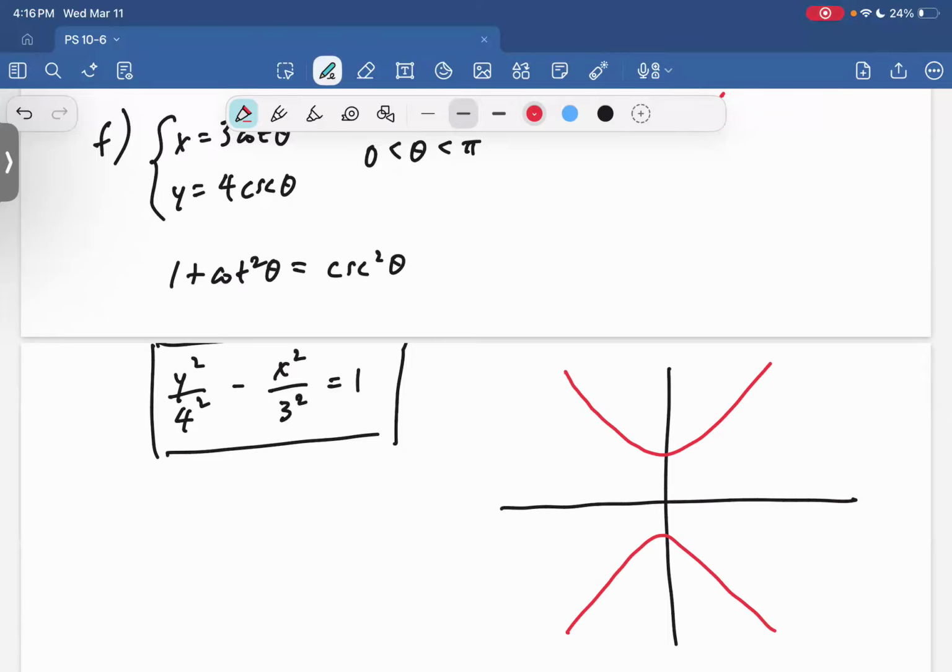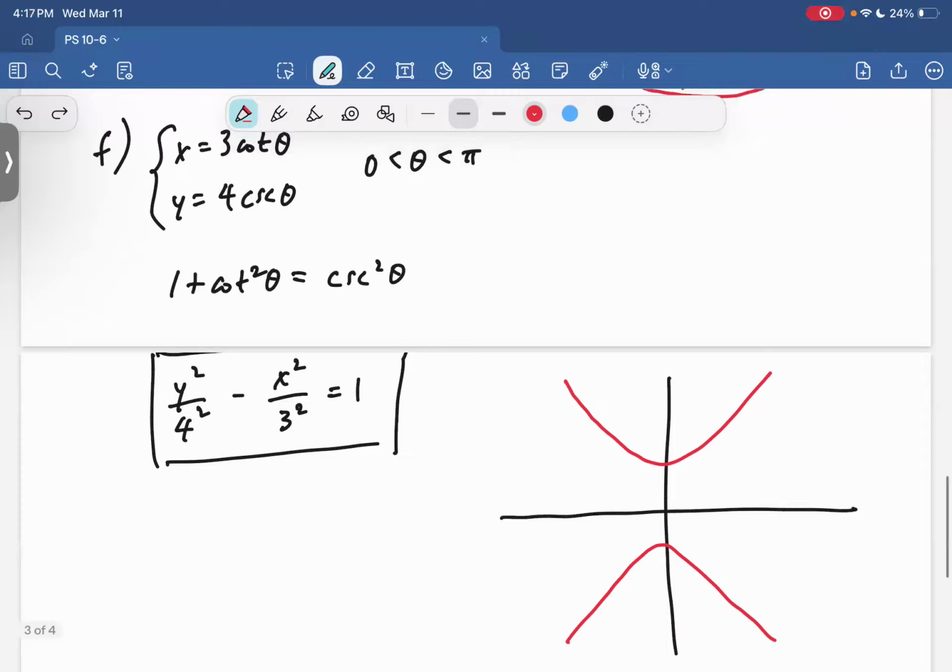And we do have a restricted domain, so that means we're only going to be looking at one branch of the hyperbola. Now which branch is that? Well, since theta is in quadrants 1 and 2, that's where sine is always positive.